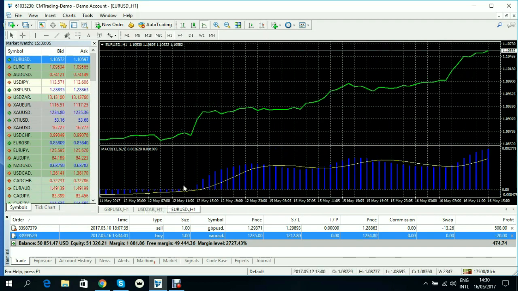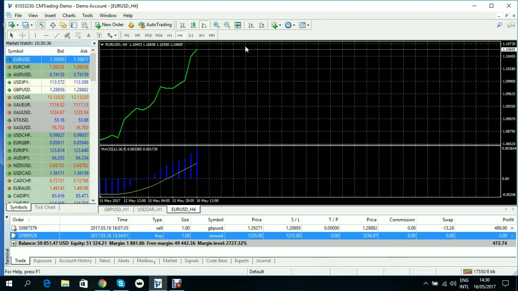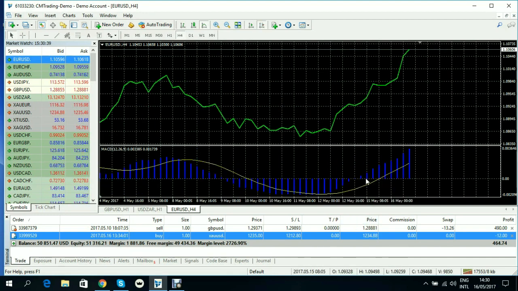You can see here in 1 hour, when the bar crossed and the signal line crossed the zero zone, it has been buying and going up. It's obvious that it will start from the lower time frames before showing on the longer time frame.